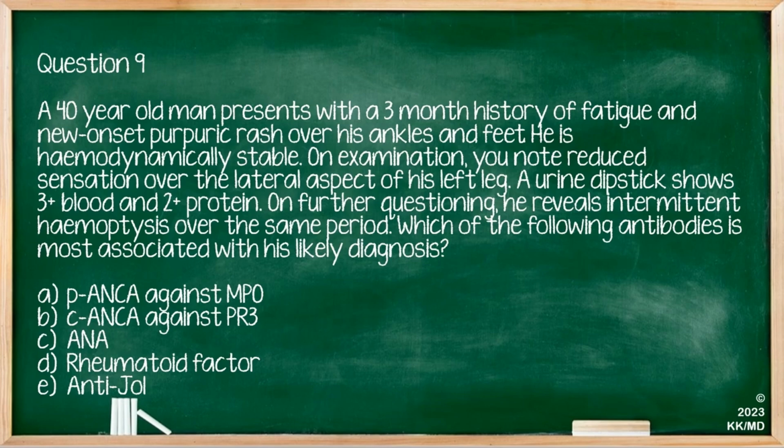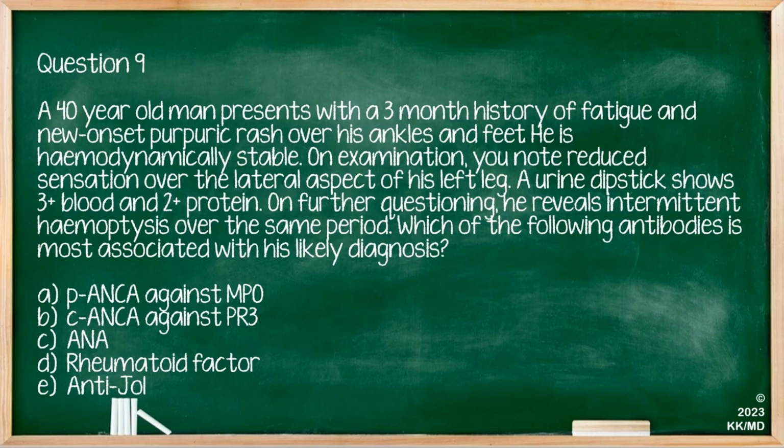On further questioning, he reveals intermittent hemoptysis over the same period of time. Which of the following antibodies is most associated with the likely diagnosis? Options are A, P-ANCA against MPO, B, C-ANCA against PR3, C, ANA, D, rheumatoid factor, and E, anti-Jo1.